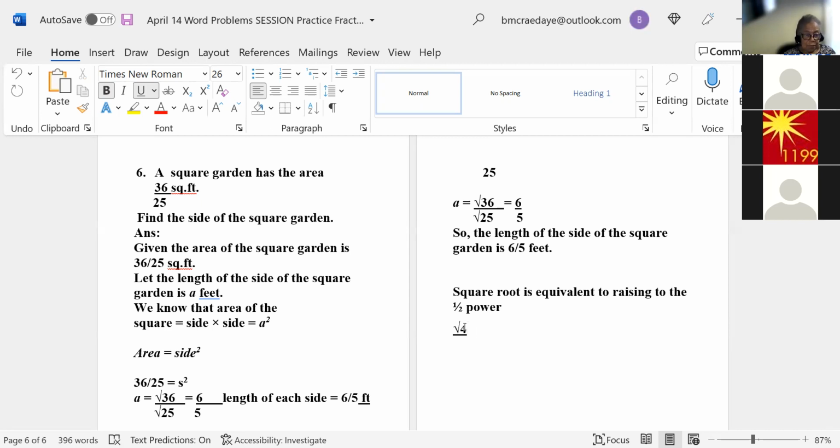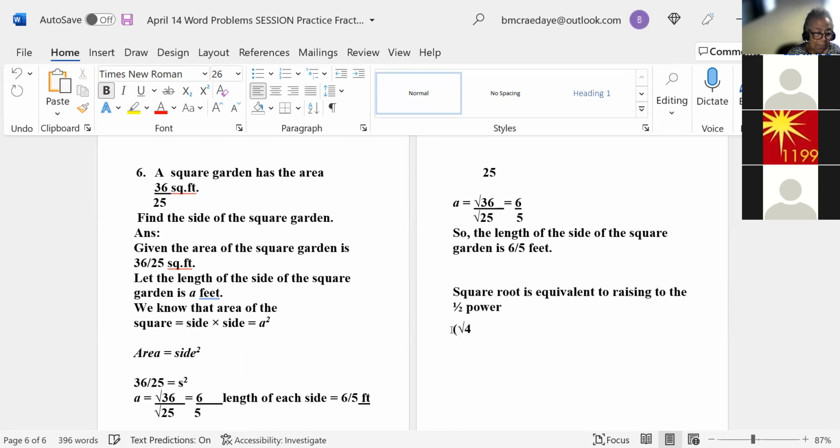Now this is raised to the 1/2 power. Now, if I square this, what would I get? You square the square root of 4. No, what I'm asking you is this. You get 2.